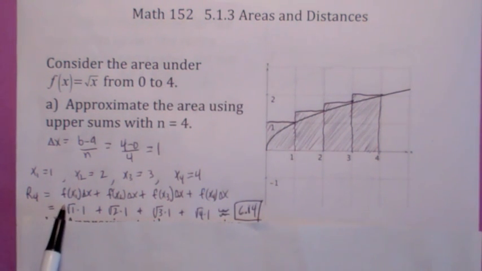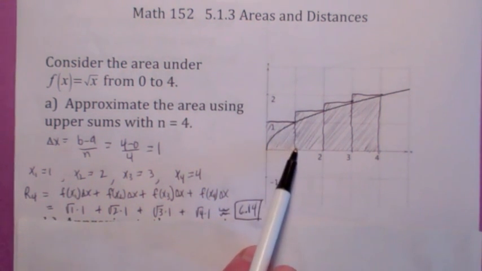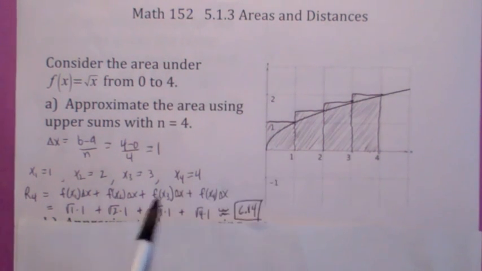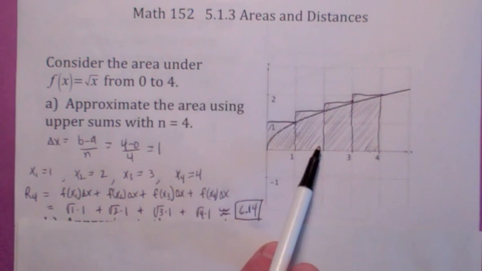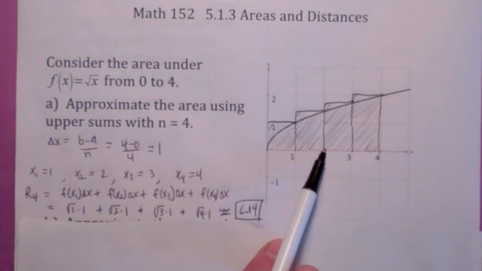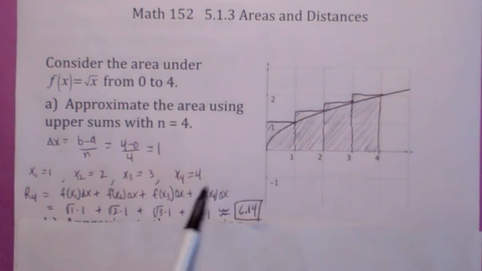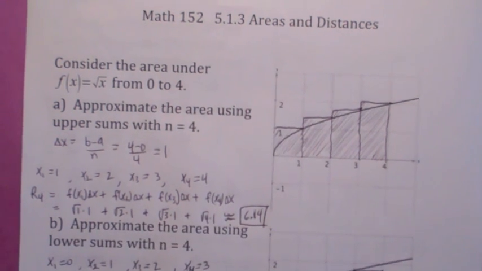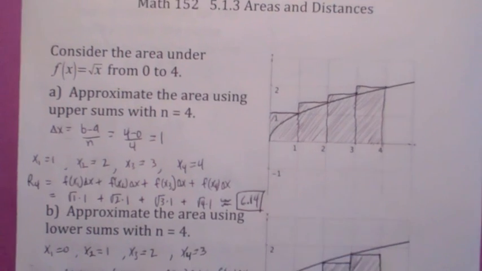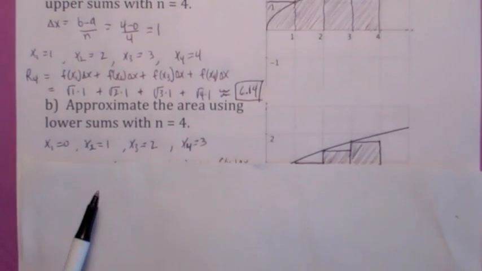When you compute that, f of x sub 1 would be the square root of 1 times delta x, which is 1. The area of the second rectangle would be f of x sub 2, which would be square root of 2 times 1, and so on. You get 6.14.